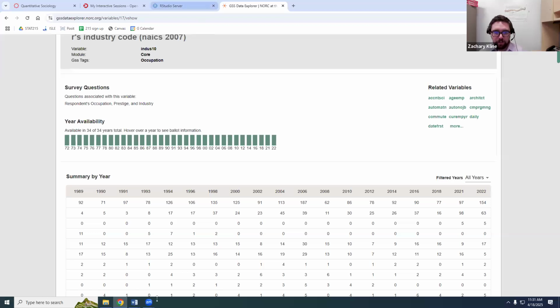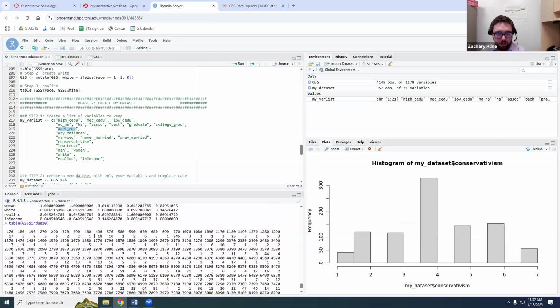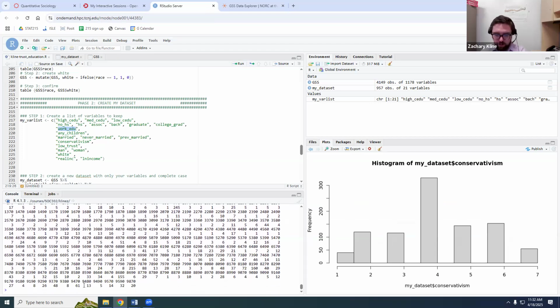We can really see this if we do a table with it in our full GSS. We'll just do a summary to count out the total number.